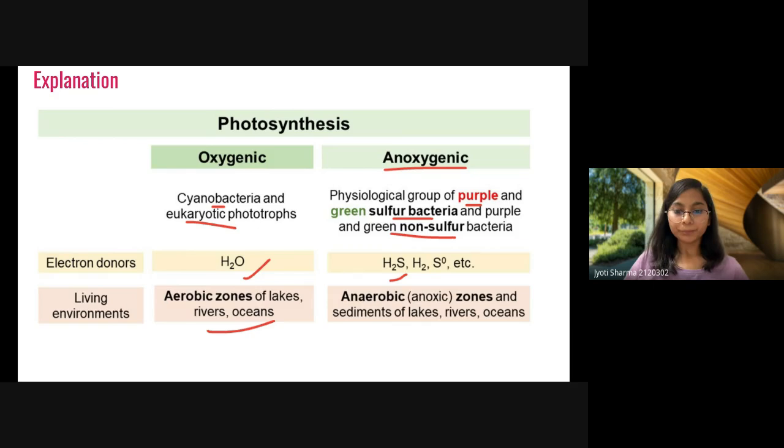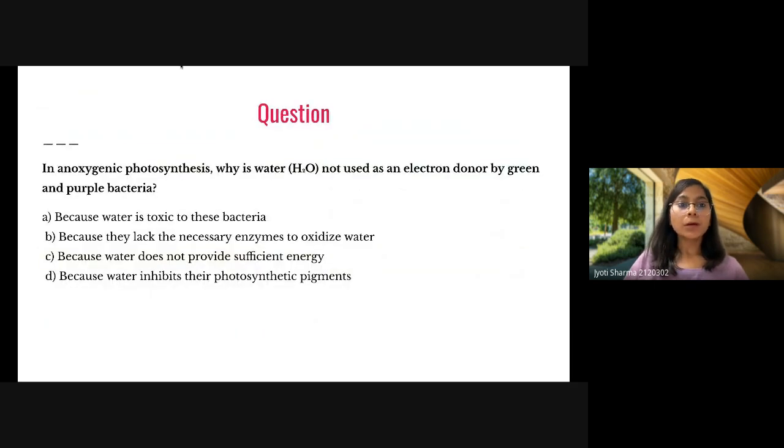Okay, so coming to the next question, in anoxygenic photosynthesis, why is water not used as the electron donor by green and purple bacteria? Why are they using hydrogen sulfide as the electron donor?